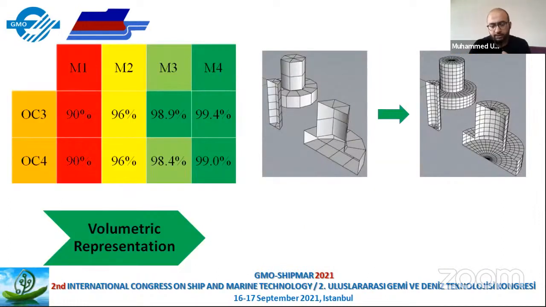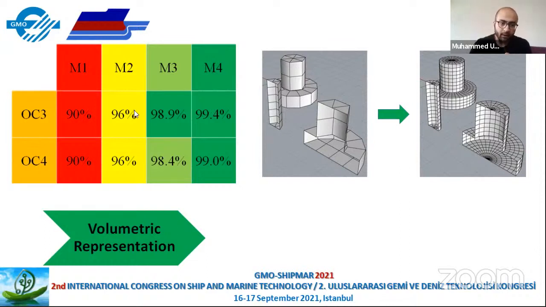Let's talk about the mesh study. First of all, we are discretizing the geometry and defining it to the codes, beginning with a coarse mesh. This is the M1 type mesh for OC4, and we make the discretization finer and finer until we have this M4 mesh. The volumetric representation is important because of the calculation steps, especially for radiation damping.